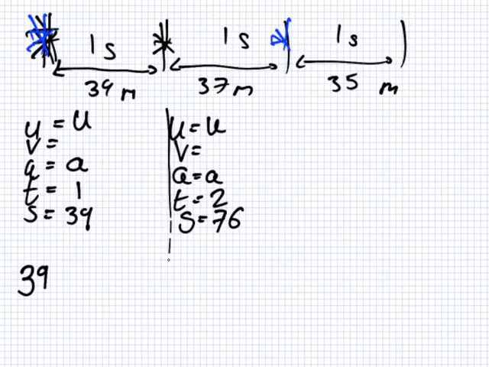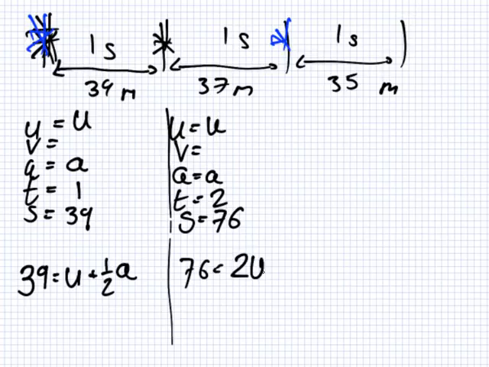Are you watching now? S equals UT plus a half AT squared. What's T squared? Half of it? 2A.